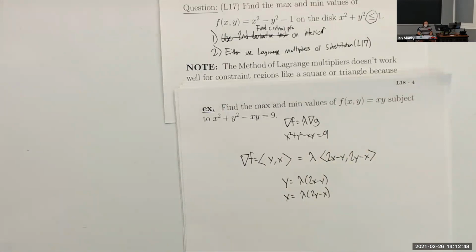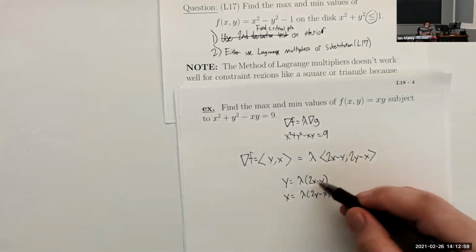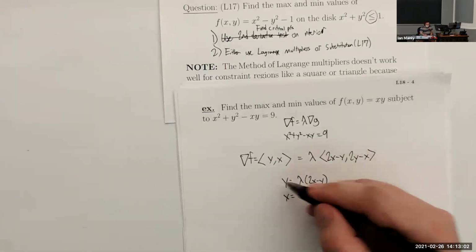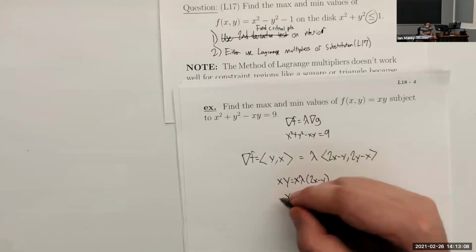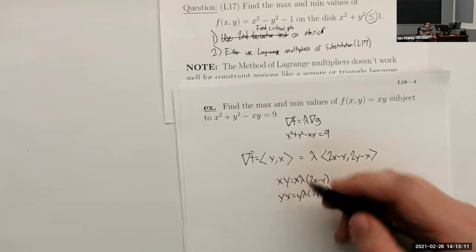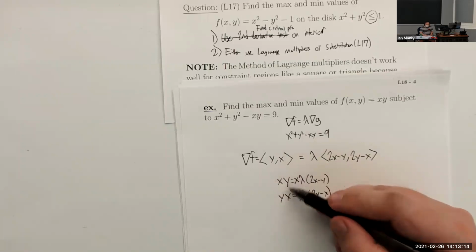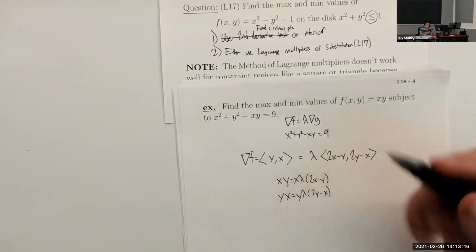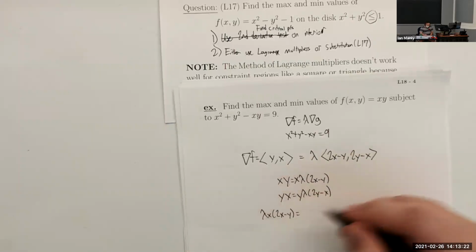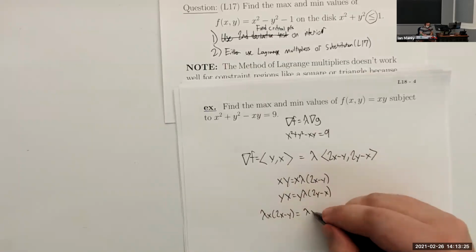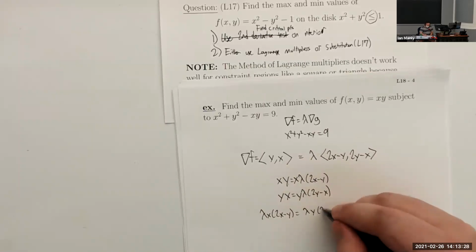It seems like there's a fair bit of symmetry going on here. It seems like these are just the same thing, only where I flipped x and y. So I'm going to try to set these equal to each other. I'm going to multiply the top equation by x, and the bottom equation by y. Now notice that they're both equal to each other because we have both an x and a y in their product here. So now we know that lambda x times (2x minus y) has got to be lambda y times (2y minus x).